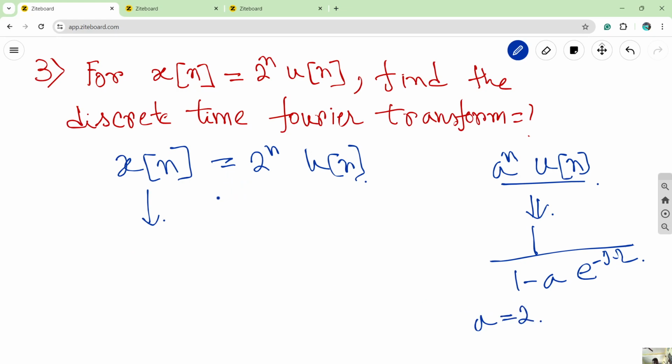So if we do the DTFT, it will become 1 by 1 minus 2 e to the power minus j omega, substituting a as 2.